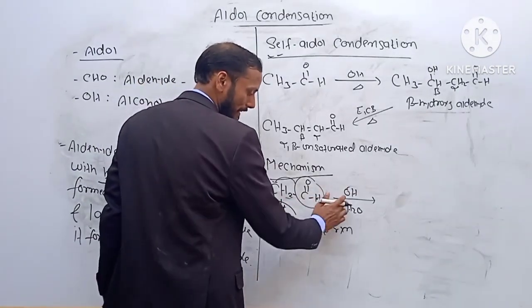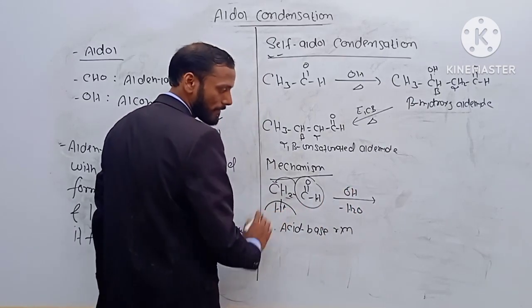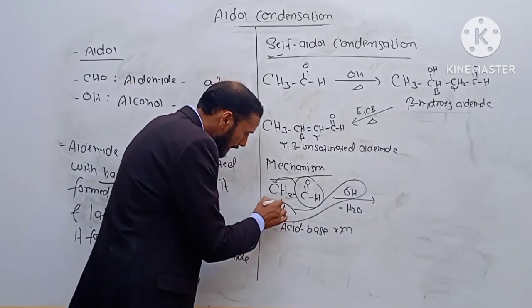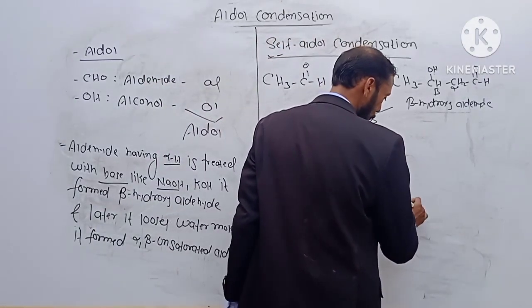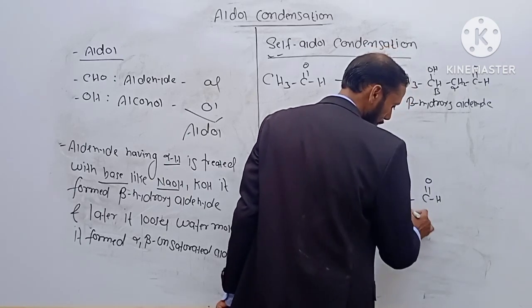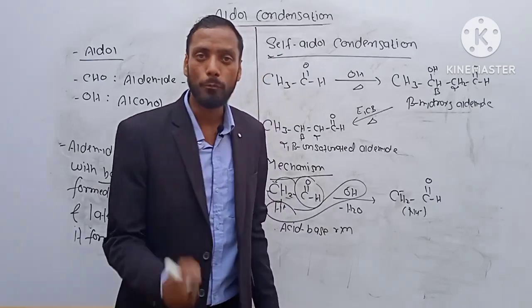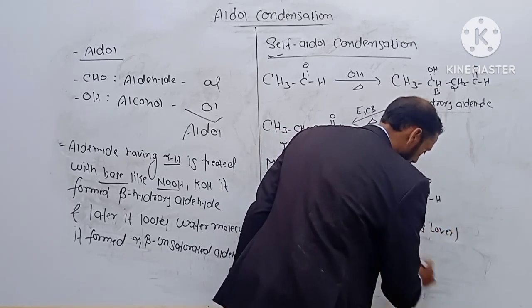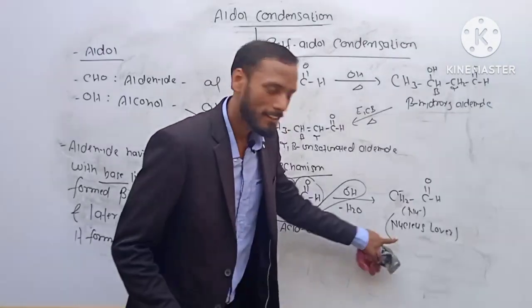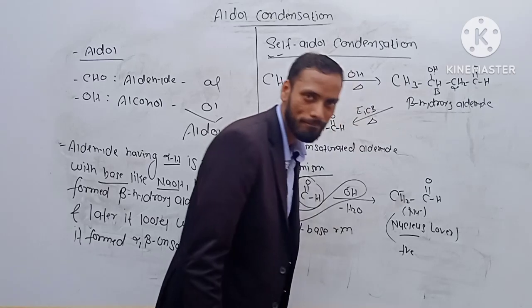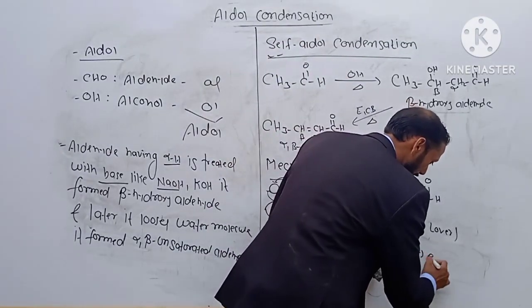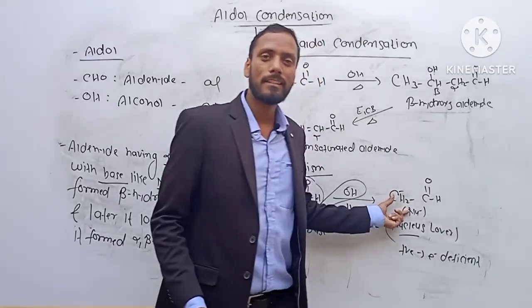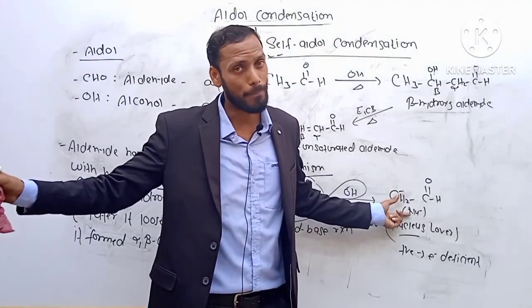So here, OH minus abstracts H plus, and a negative charge develops, forming CH2 negative C double bond OH, a nucleophile. A nucleophile is a nucleus lover, meaning it attacks the positive, electron deficient part.